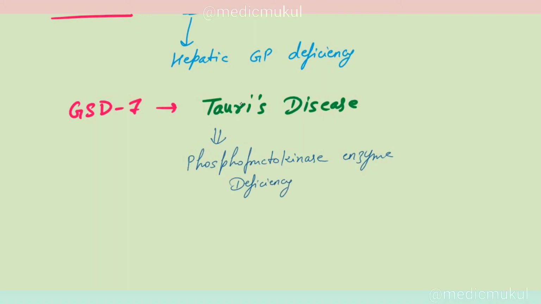This enzyme phosphofructokinase has an important role in the breakdown of glycogen, and it also helps in muscle movement in skeletal muscles. Okay, so this is all about glycogen storage disorders.